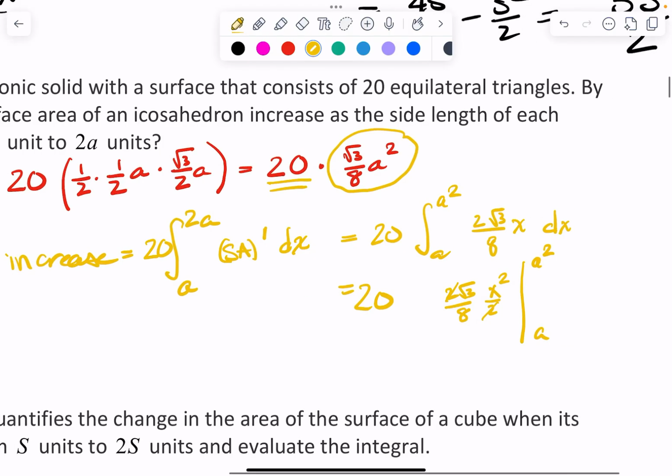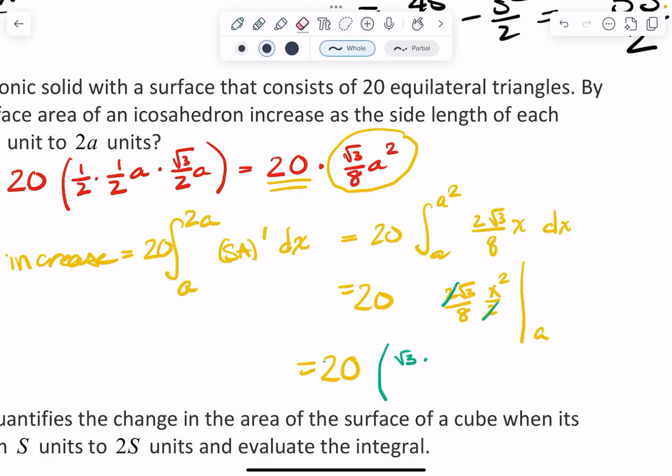So let's do that. We're going to get 20, and we're going to put in the a. I did cancel these 2's for you now. So we're going to get the square root of 3 times a squared. Or it's not a squared. I'm so sorry, it should be 2a here.